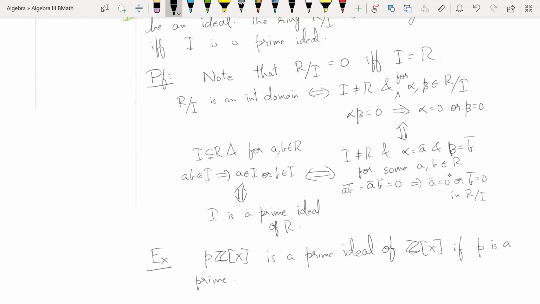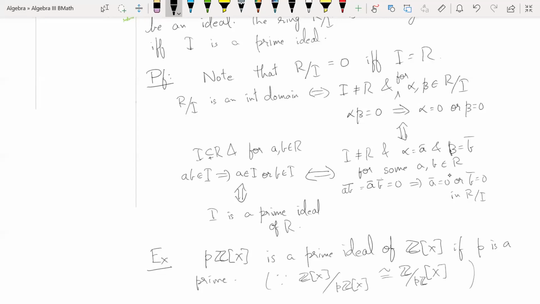This is because we saw that Z[x] mod pZ[x] is in fact isomorphic to (Z mod pZ)[x]. We know that Z mod pZ is a field, and a polynomial ring over an integral domain is an integral domain.